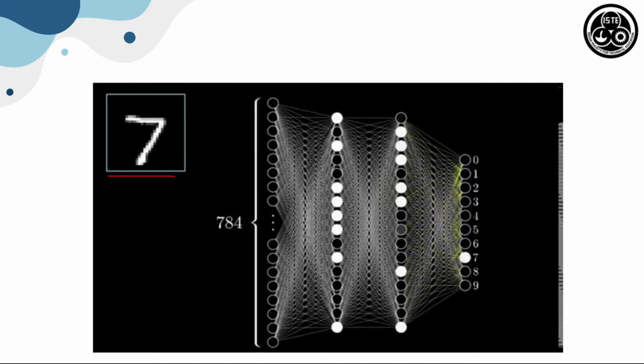It is of the dimensions 28 into 28. Again, I told you the value of each pixel lies between 0 to 1, and the values are stored in grid format. Then you convert these values into an array and place it here, the input layer, right?